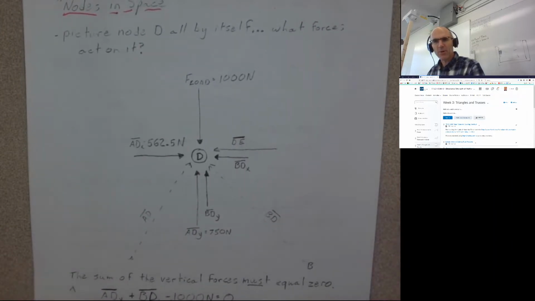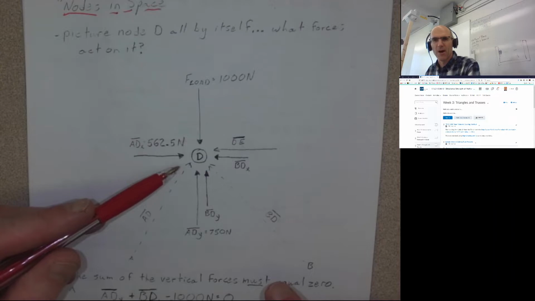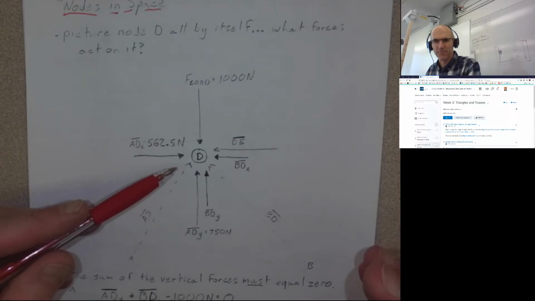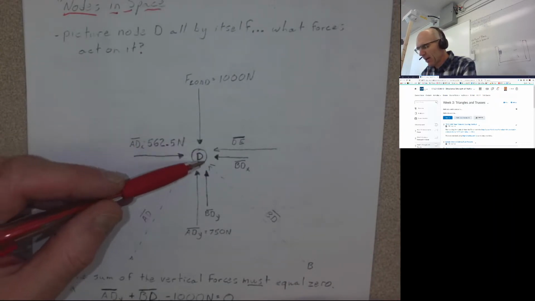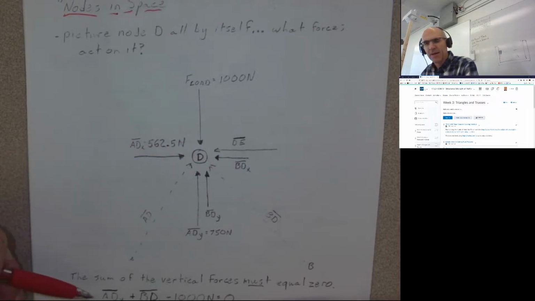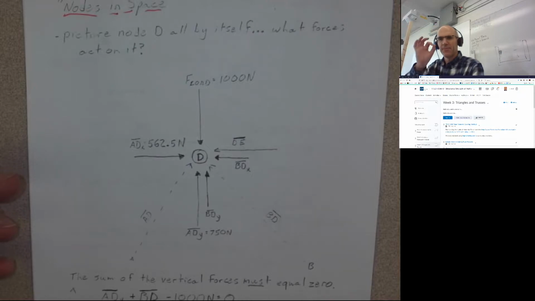Now, just as we were able to say that the sum of moments and the sum of forces on our entire structure have to equal 0, the sum of forces and the sum of moments on any node within the structure also have to equal 0. So if I just draw a little picture of node D, then all of the vectors coming in there have to add up to 0.